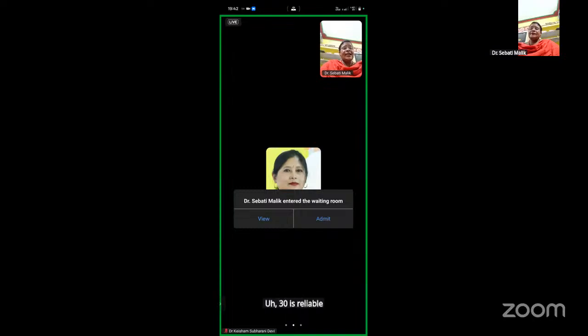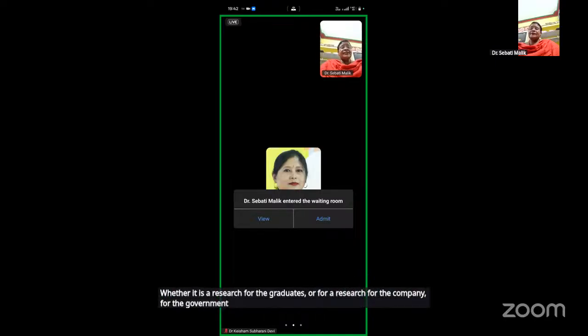And generally we take 50, and it depends on our purpose, whether it is a doctoral research, a research for graduates, or a research for a company, the government, the university, or any department of the university.